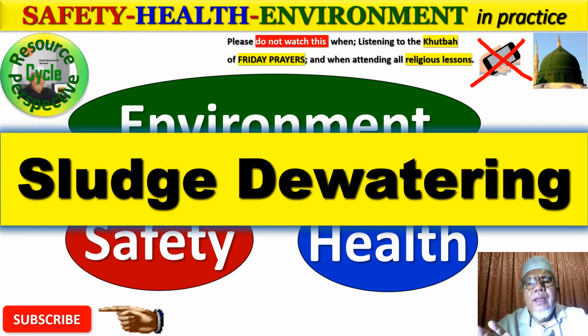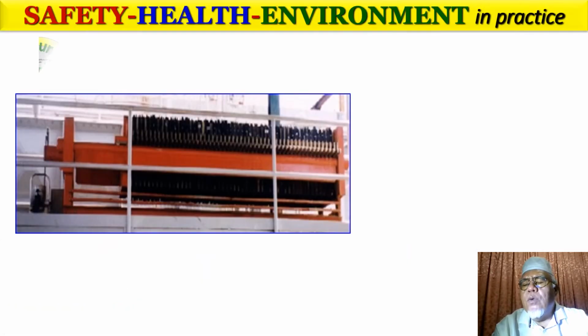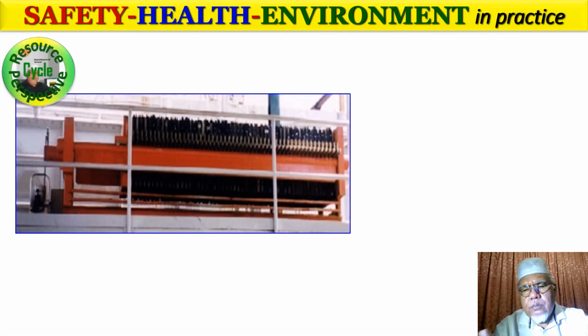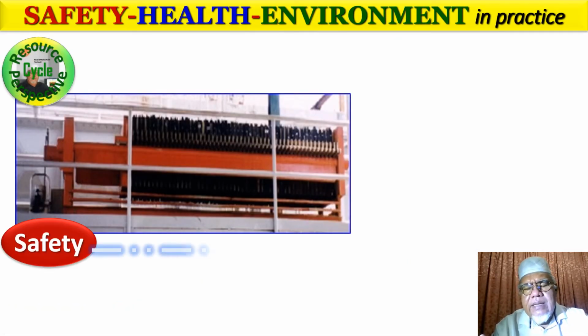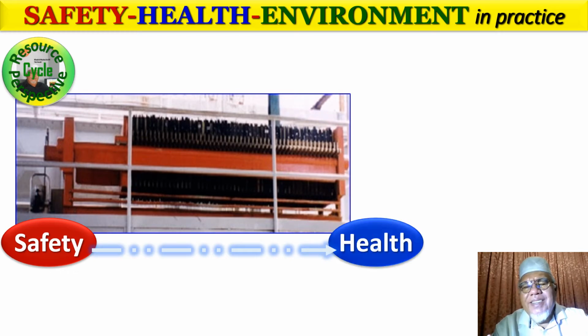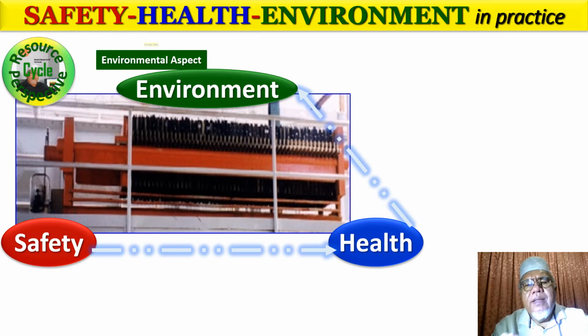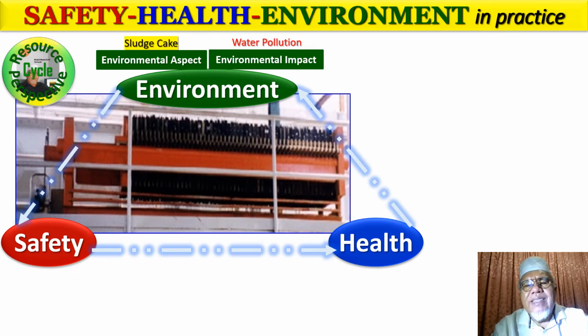All right, the activity we are going to discuss is sludge dewatering. Let's take a look. I have a picture before you. This is a conventional filter press, okay? And remember, the filter press is an equipment. It is not a process. It is not an activity.